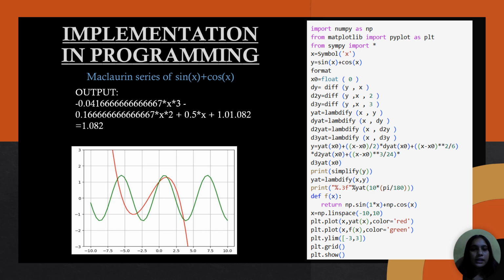In the graph, if we observe, the expansion point is 0, where the two curves are meeting or coinciding. The output we get is 1.082. So let's go to the next slide.